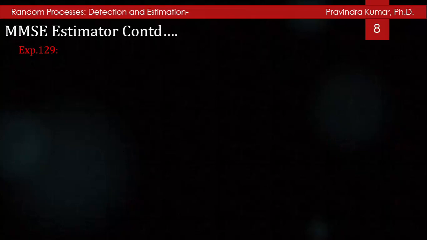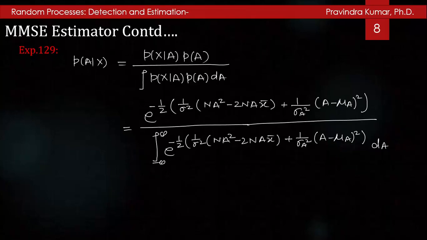And you can find that it will be equal to e to the power minus 1 by 2 times [1 by sigma squared times (N a squared minus 2 N a x bar) plus 1 by sigma_a squared times the square of (a minus mu_a)], divided by the integration of e to the power minus 1 by 2 times [1 by sigma squared times (N a squared minus 2 N a x bar) plus 1 by sigma_a squared times the square of (a minus mu_a)] da.